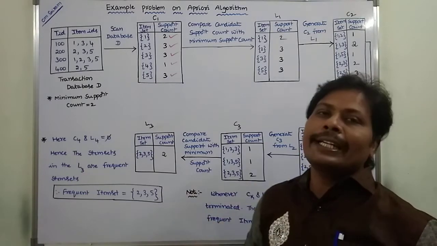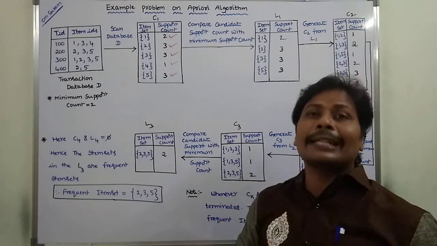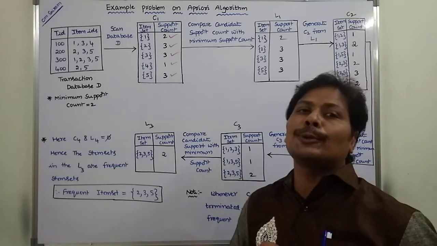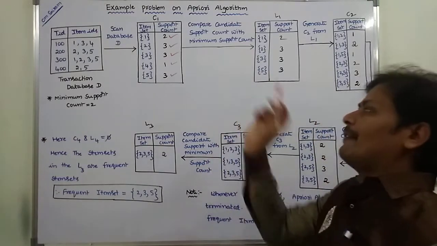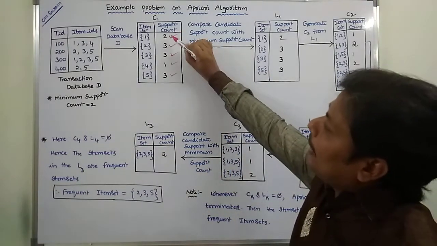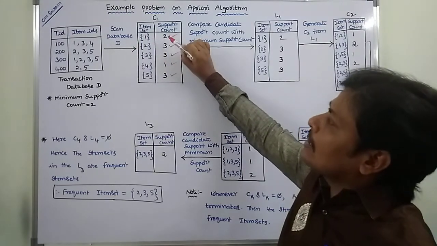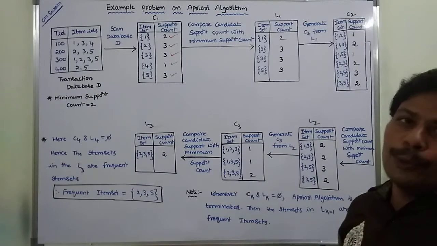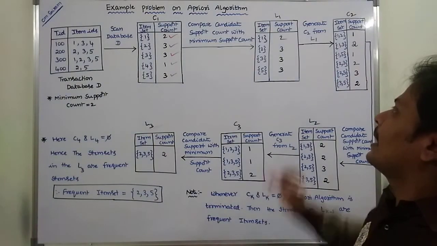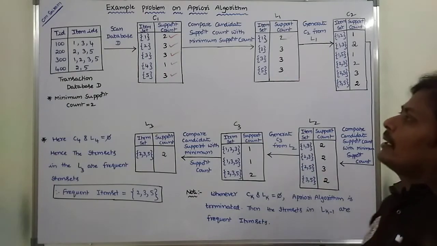If the support count is greater than or equal to 2, it can exist in L1. Here the support count of item set 1 is 2, which is greater than or equal to 2, so it exists in L1.